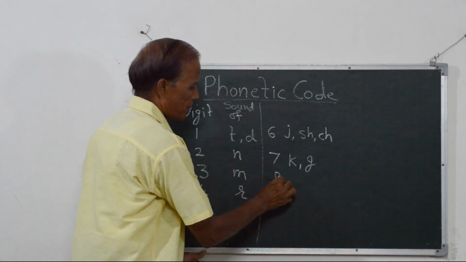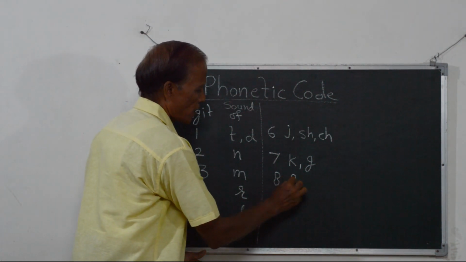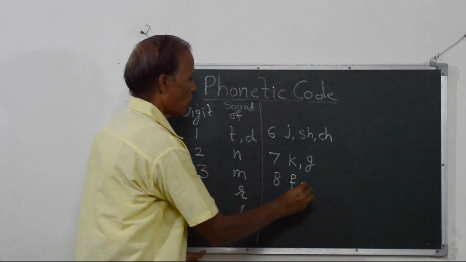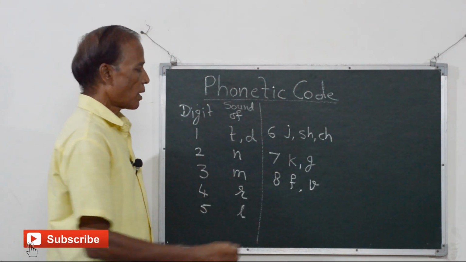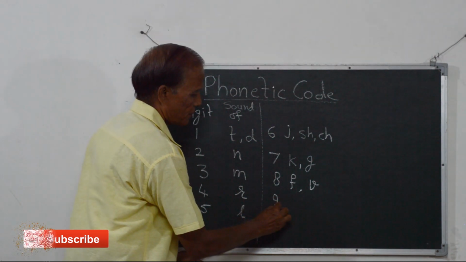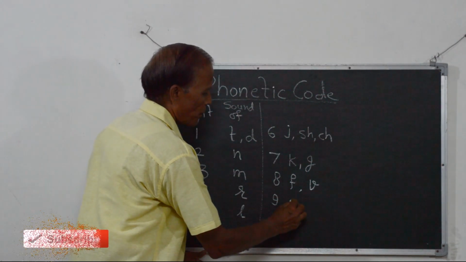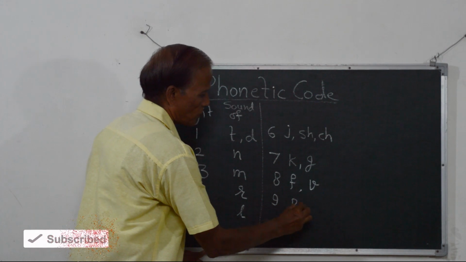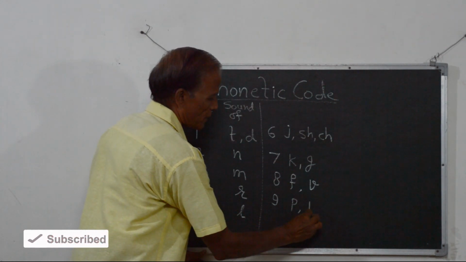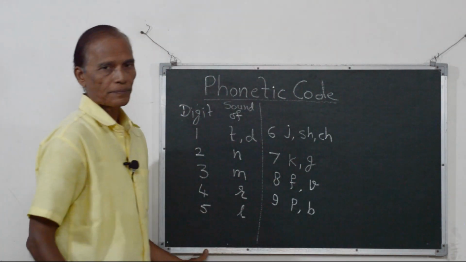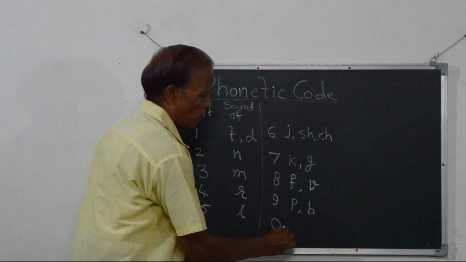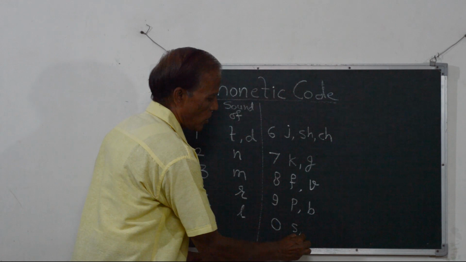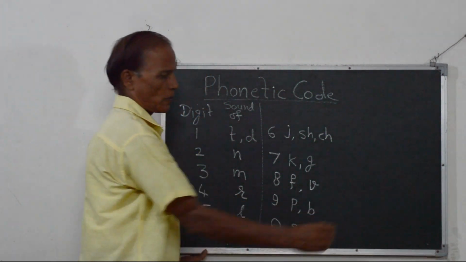Then for 8, we use F or V. For 9, we use P or B. And for 0, we will be using the S or Z sound.